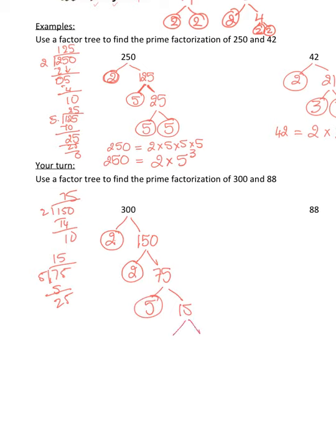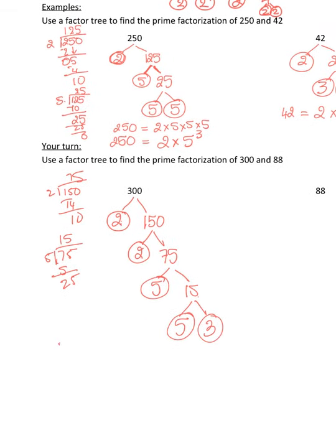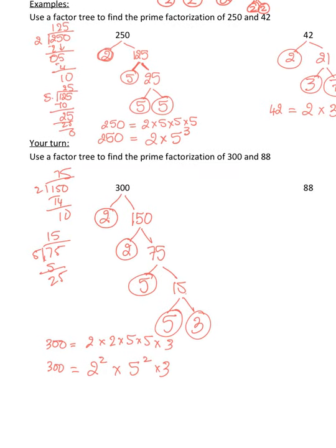So I'm going to continue to divide. 15 is divisible by 5 and 3, which are prime numbers. So 300, if you expand it, is 2 times 2 times 5 times 5 times 3. So it will be 2 raised to the power of 2 times 5 raised to the power of 2 and then times 3. This is exponential form.